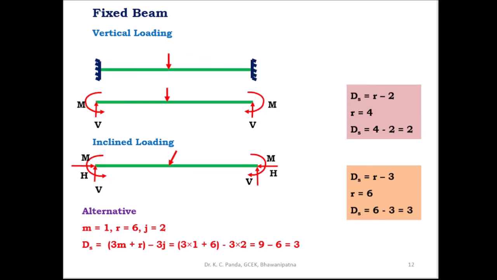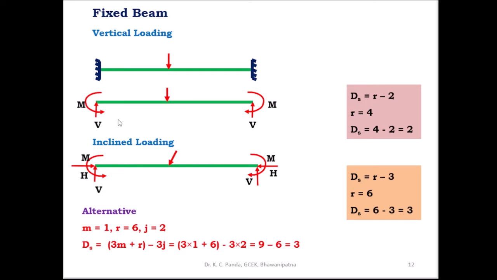Then coming to the fixed beam. Here both ends are fixed or built in, and when the beam is subjected to vertical loading, there is no horizontal reaction at the fixed support. You only have to consider the vertical reaction and the moment at both fixed ends.